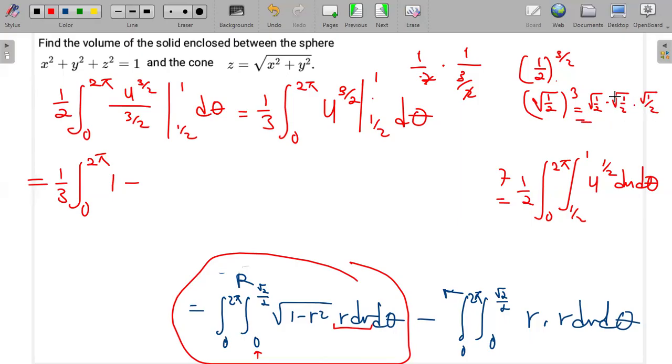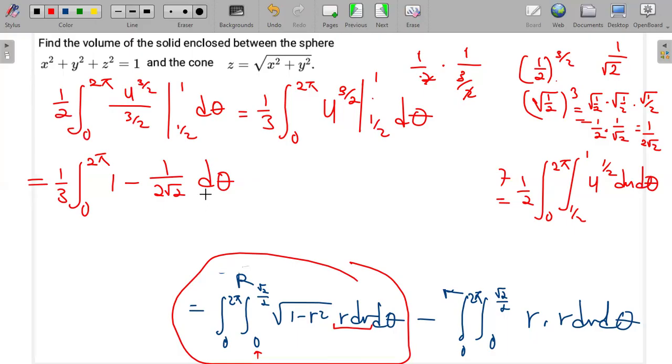The square roots cancel out in pairs, so I have half, multiplied by the square root of 1 over 2, which is the same as 1 over the square root of 2. So this will just be 1 over 2 square root of 2. That's what I write here: 1 over 2 root 2, and then d theta.